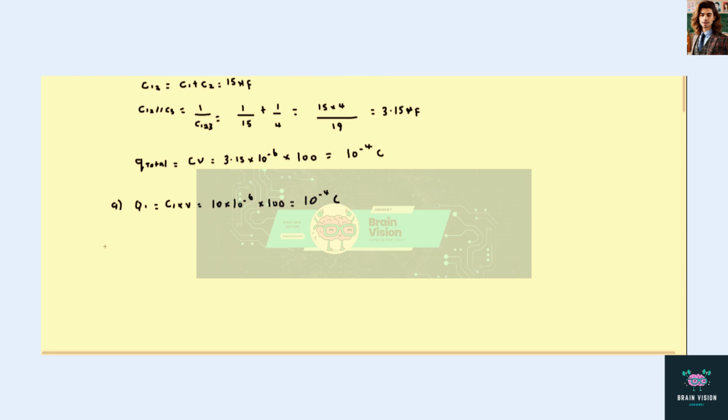For part B, we're asked to find the potential difference across C1. So the potential difference V is equal to Q1 over C1.